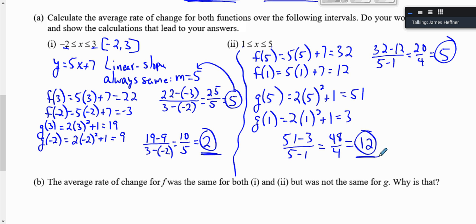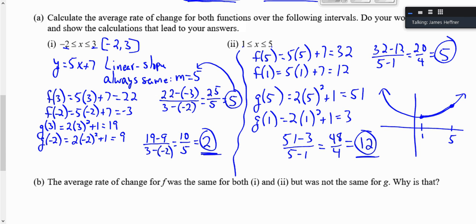Okay, so it's kind of like if we were to graph that thing, right? So let's say that's 1 and that's 5, right? So I think the graph kind of looks like this, maybe roughly, okay? So that's the rate of change between here and here on the graph. And the other one was from what? -2 to 3, like from over here.